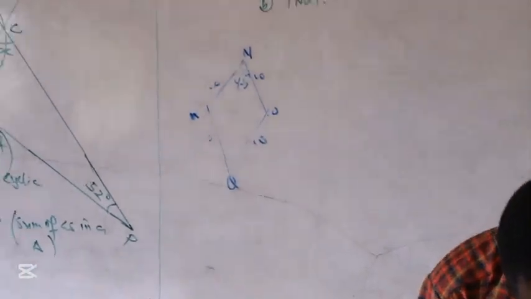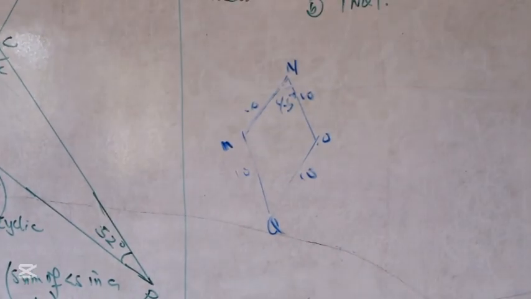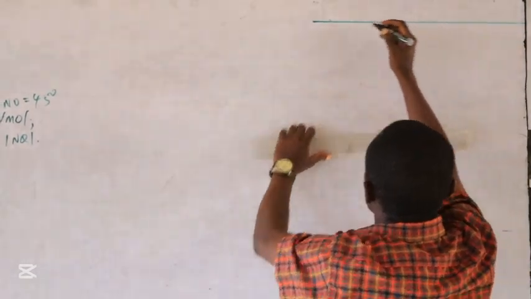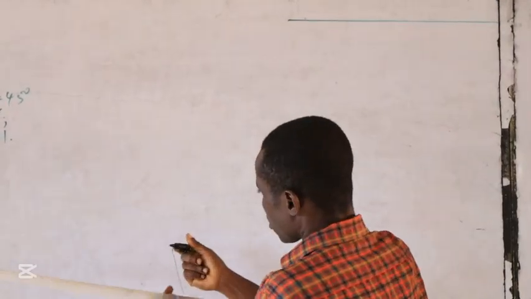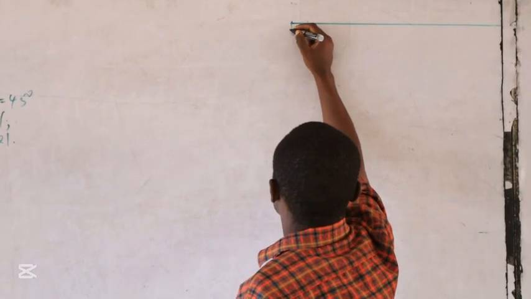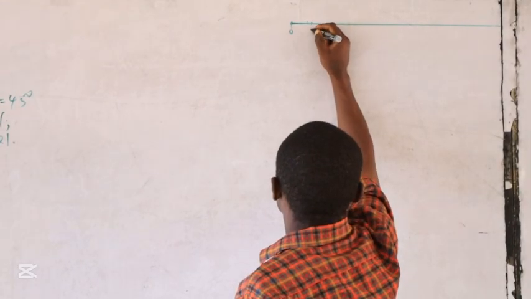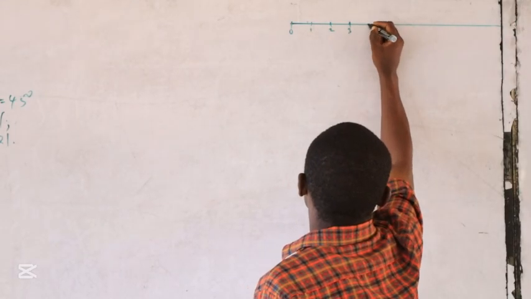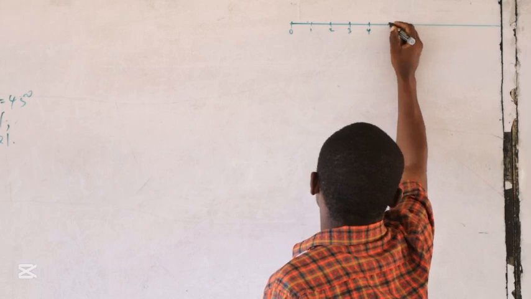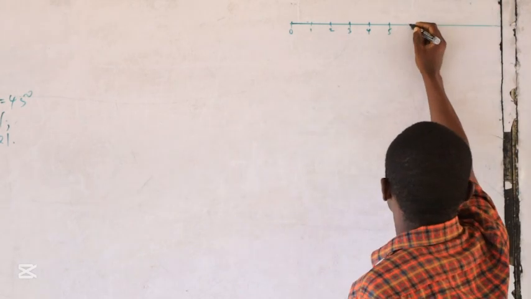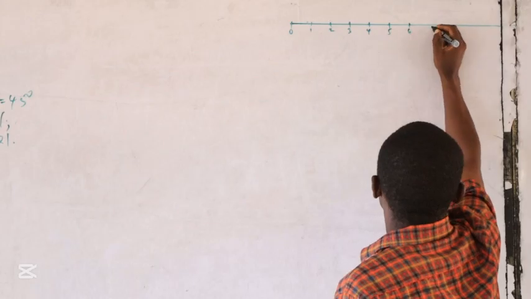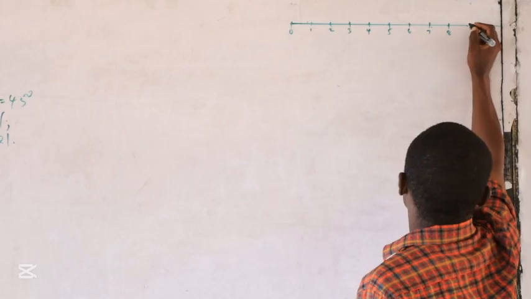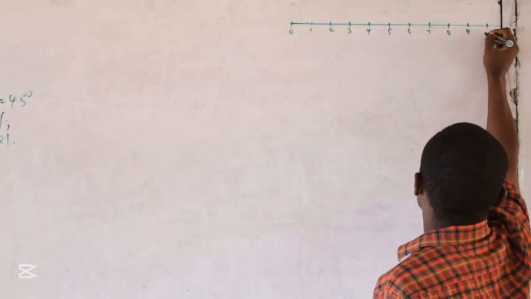So let me draw it on the board. Let me have these as 0, 1, 2, 3, 4, 6, 7, 8, 9, and 10.